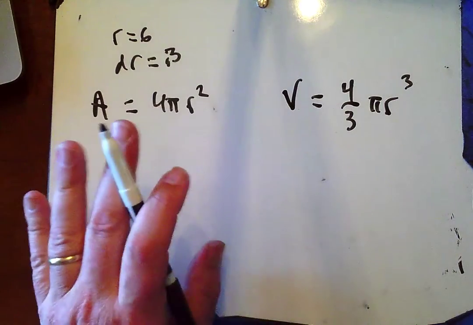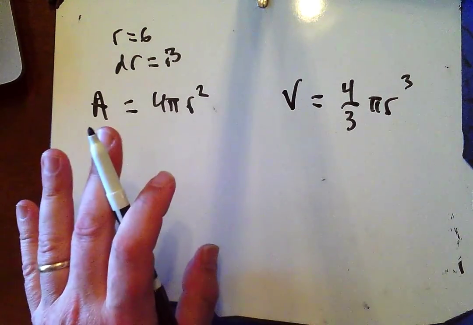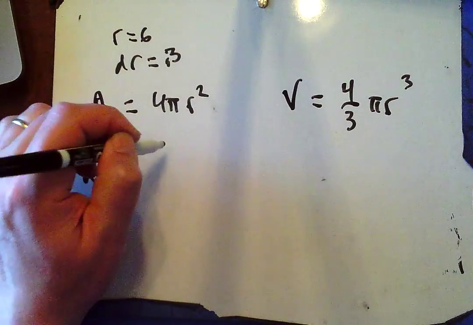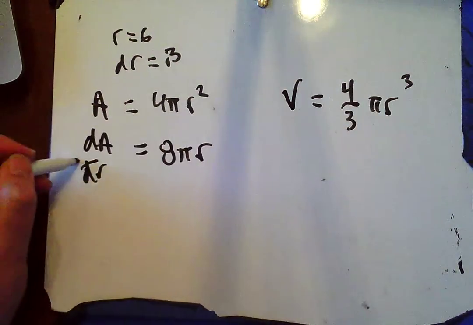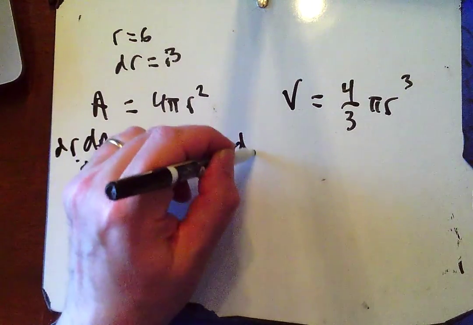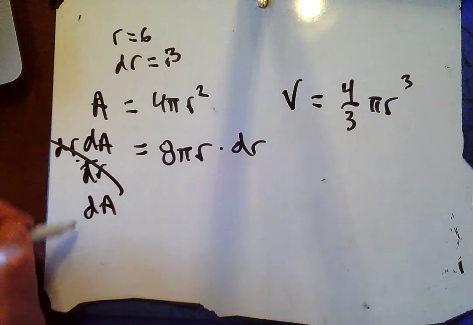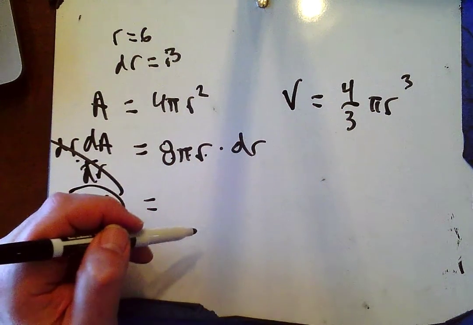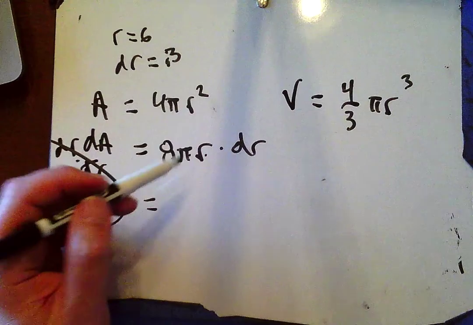Okay, so I want to estimate the change in area. So I want dA/dr equals 8 pi r multiplied by dr. So the change in area is going to be 8 pi r dr. Well, we're told that r is 6.